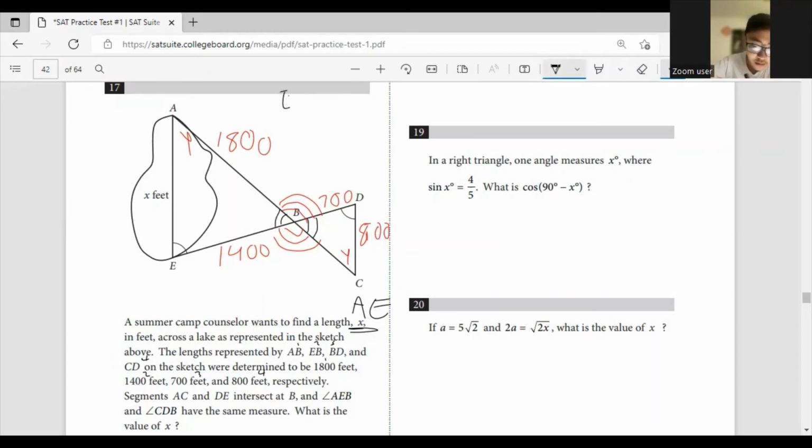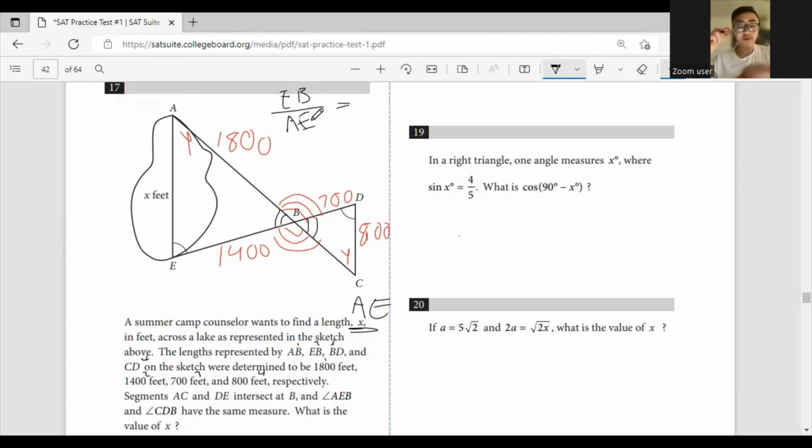EB over AE. Hope you guys can still see. Okay, sorry. EB over AE, right?